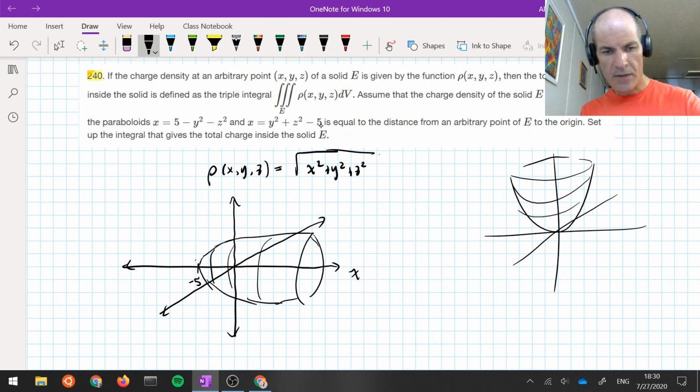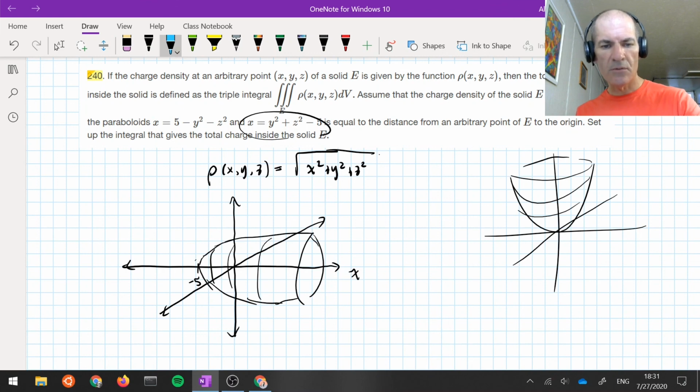And this is -5. Okay, so that's this paraboloid. The other paraboloid is flipped over because it's multiplied by a minus sign and then shifted 5 units ahead on the positive x-axis.